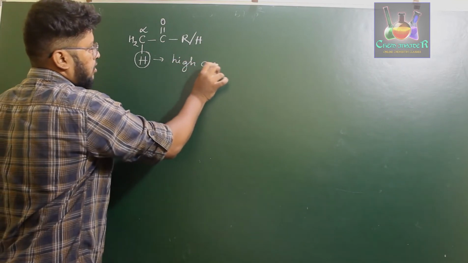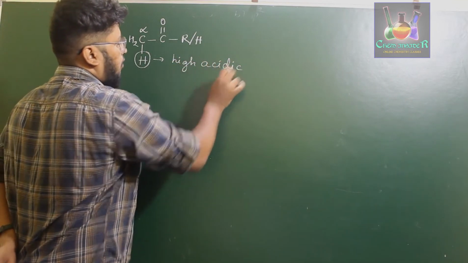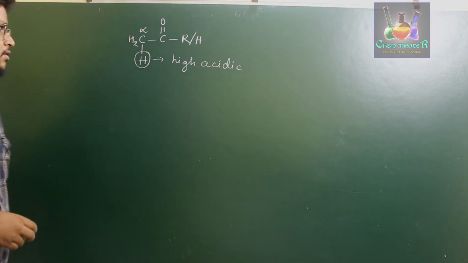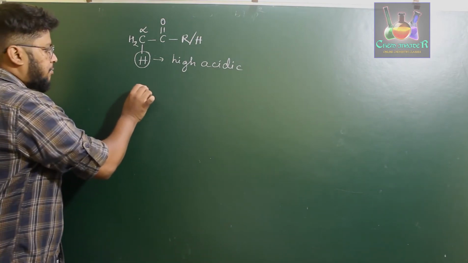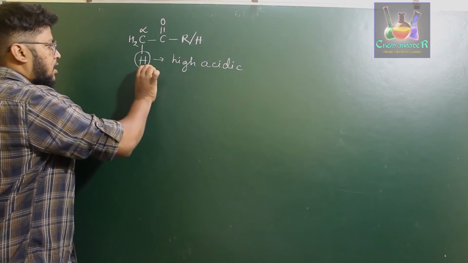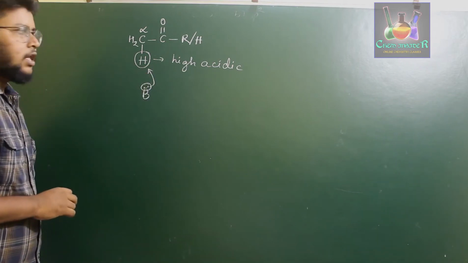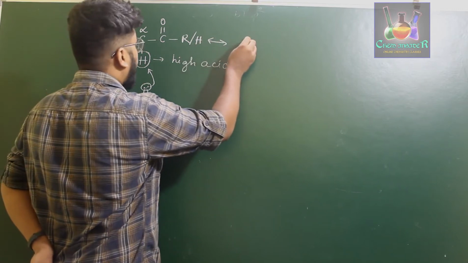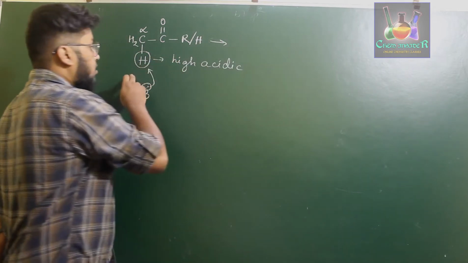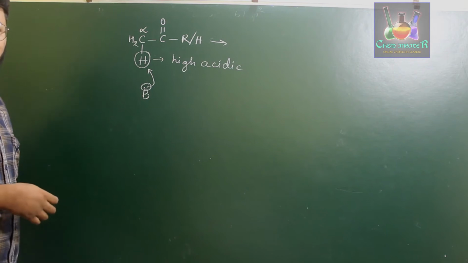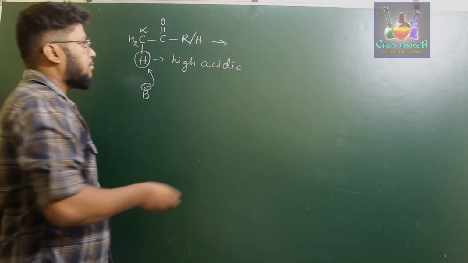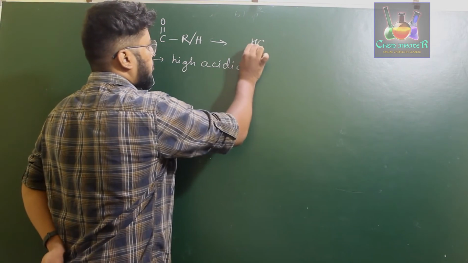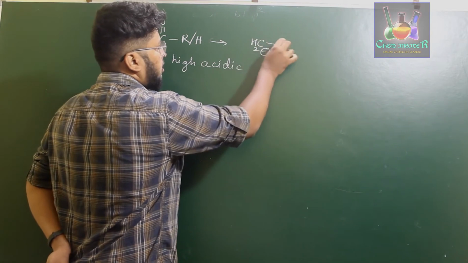That is because when you remove this alpha hydrogen using certain bases, in the presence of a base this hydrogen will be lost, leading to the formation of resonance structures of its conjugate base.